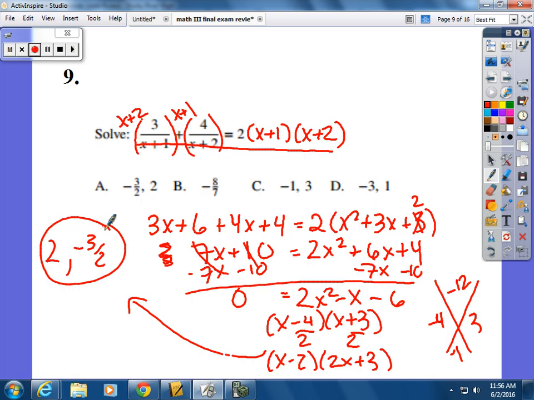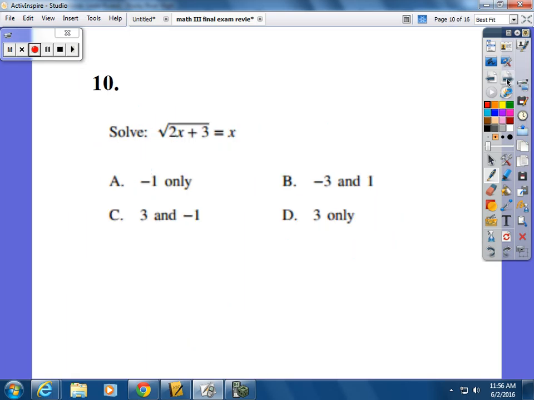That's number 9. Number 10. Now we have a radical equation. For radicals, you have to square both sides to get rid of the radical. So now I have 2x plus 3 equals x squared. Again, it's a quadratic.